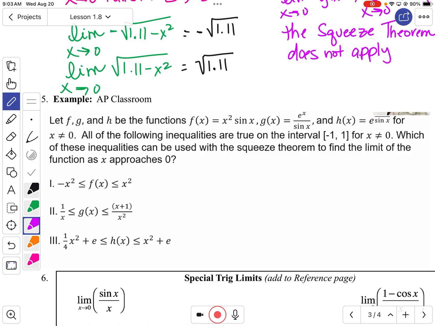So the first one talks about f. If I'm looking at f, it says f is squeezed between negative x squared and x squared. And so what two limits would I need to check in order to know if the squeeze theorem was true? For just this first one.